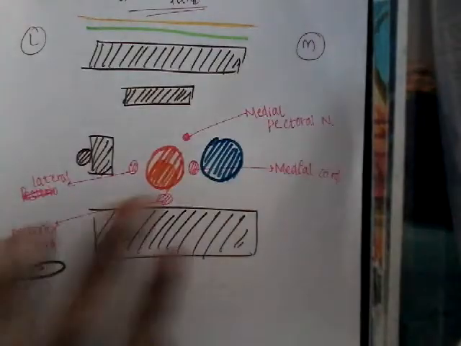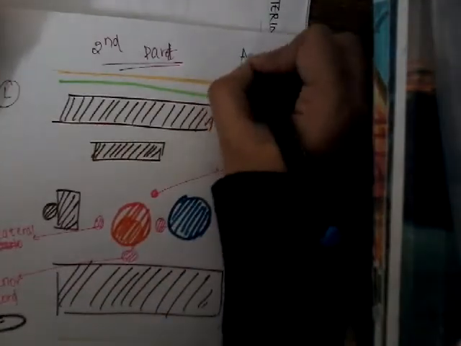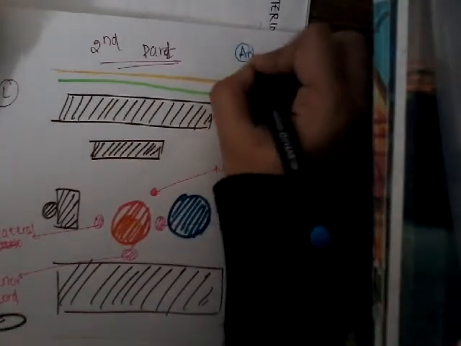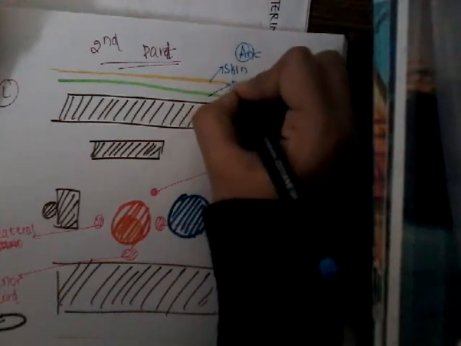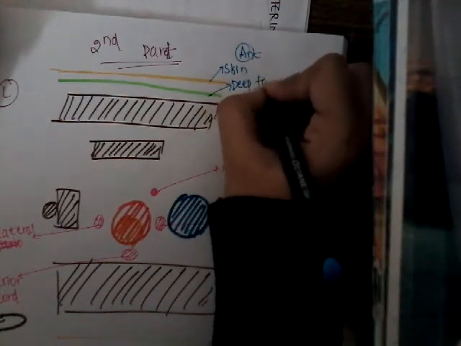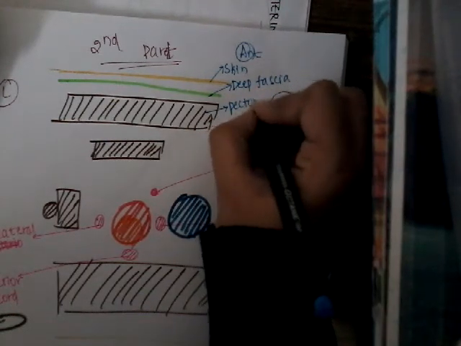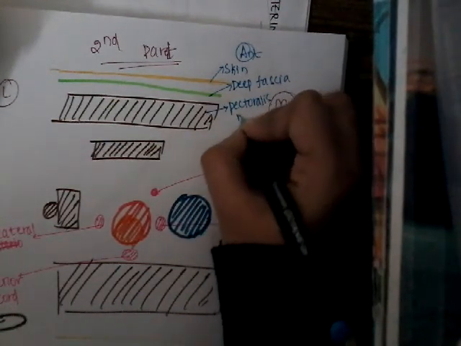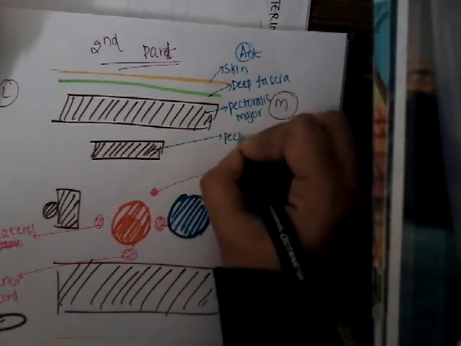Let me just summarize so that it becomes easier once again. Anteriorly you will have skin, then deep fascia, then pectoralis major muscle, and then pectoralis minor muscle.